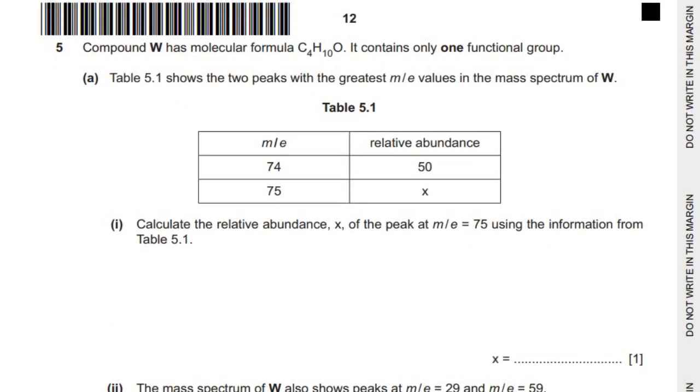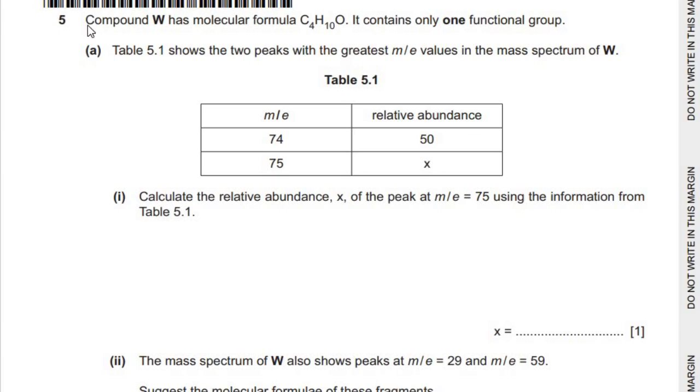Let's go ahead with question 5. Now let's start with question 5, where it says compound W has the molecular formula C4H10O. It contains only 1 functional group. So obviously there is a functional group carrying O. Now let's see what the question says.